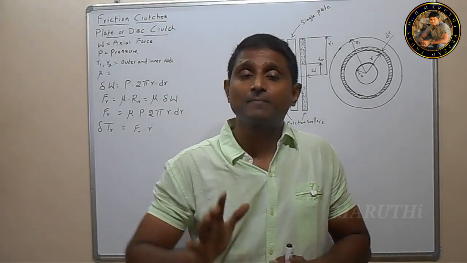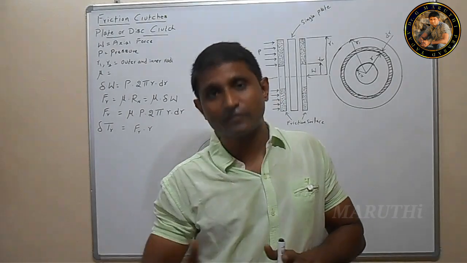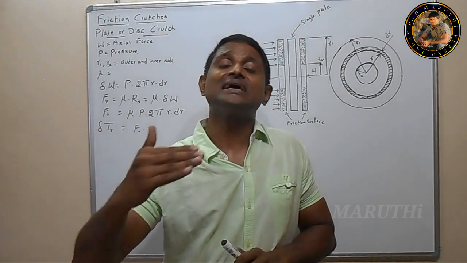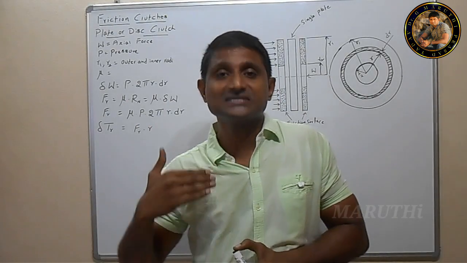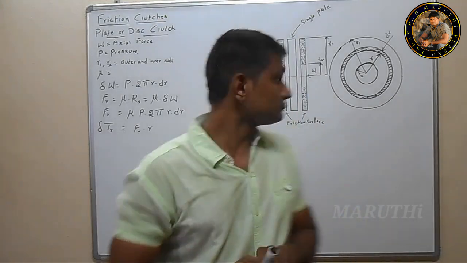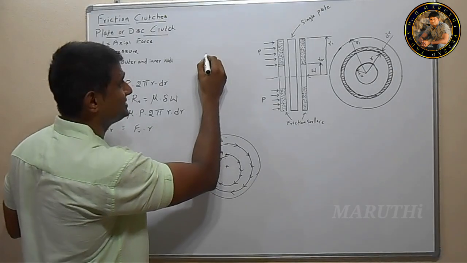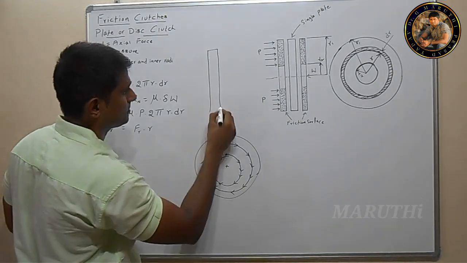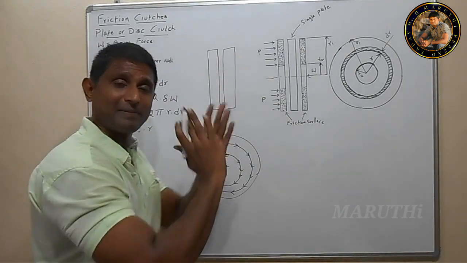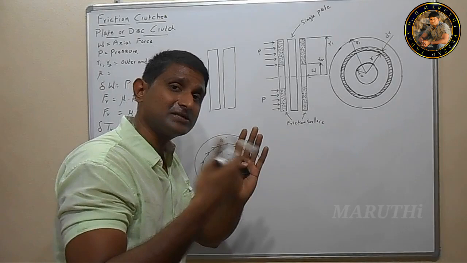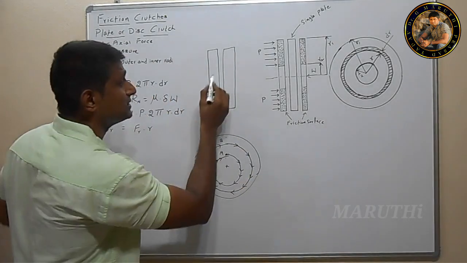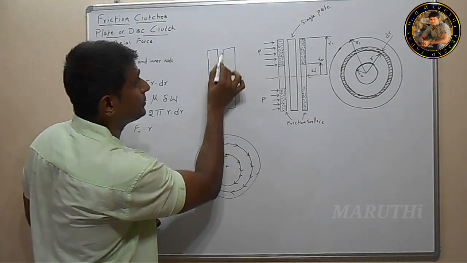So as the distance from the center to the outermost edge increases, the linear velocity increases, and because of this the wear property is different from one point to the other. The wearing increases as the distance from the center increases. If you take an inside view of this plate, rotating like this, after a large number of revolutions, the wearing here will be less when compared to the wearing here.